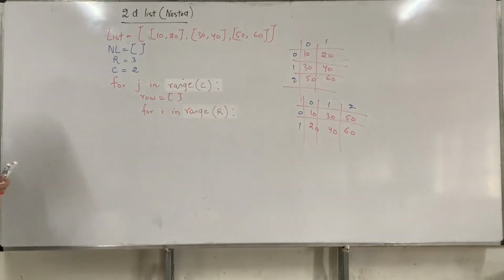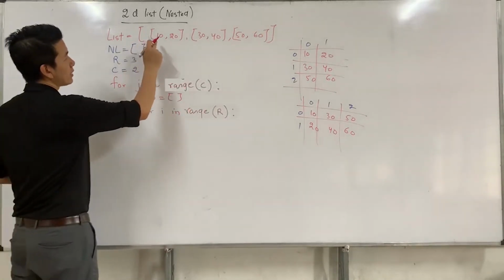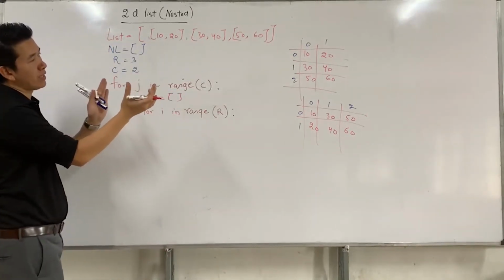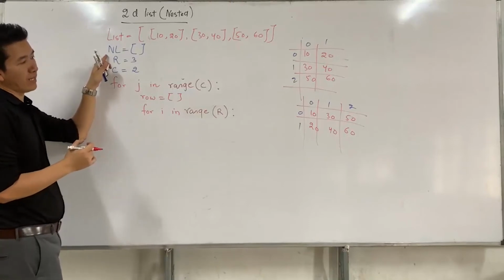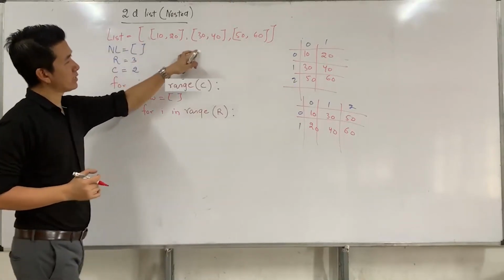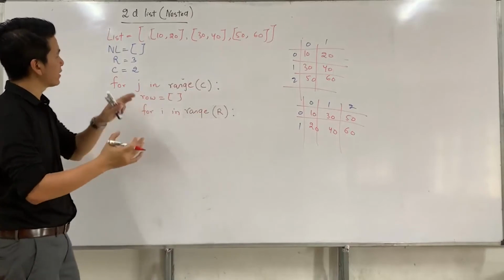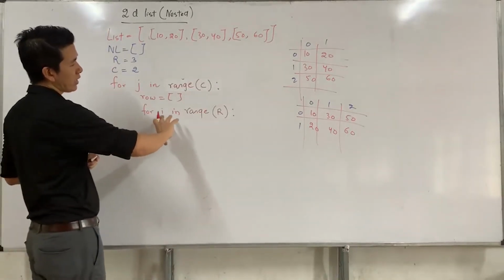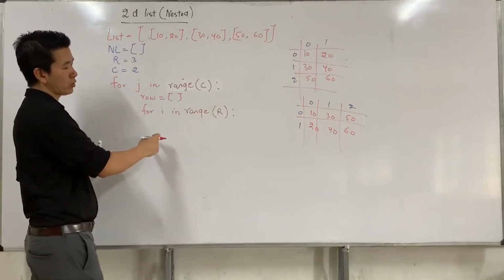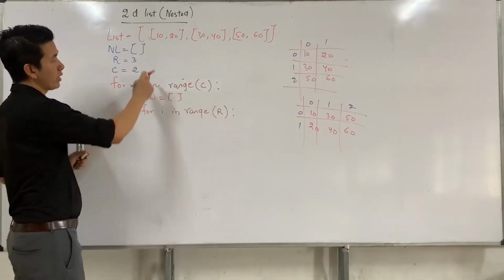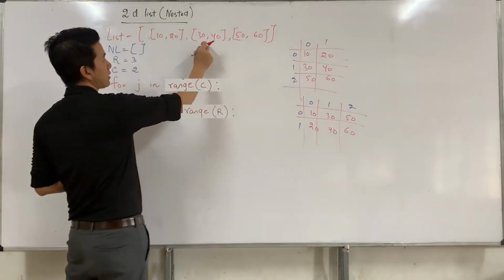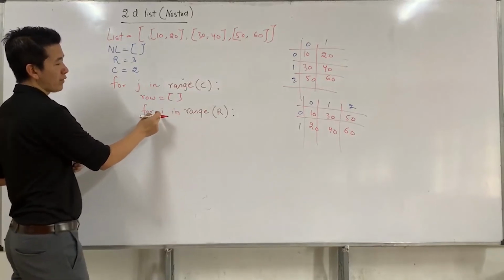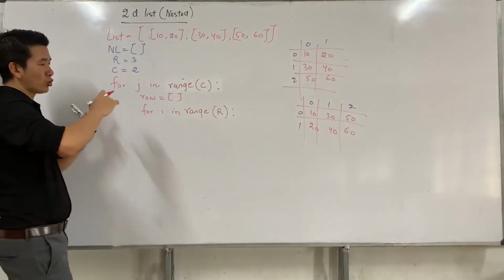The idea is I need to pick up 10, 30, 50, and then have it as the first element of NL. That is the reason why the inner loop has to execute 3 times. I need to pick up this, this and this. Since the value of R is 3, if I start from 0, it moves on to 1 and 2.